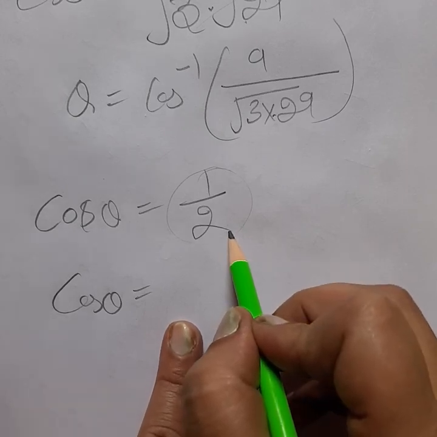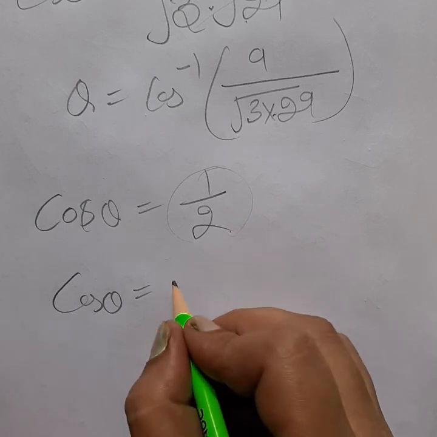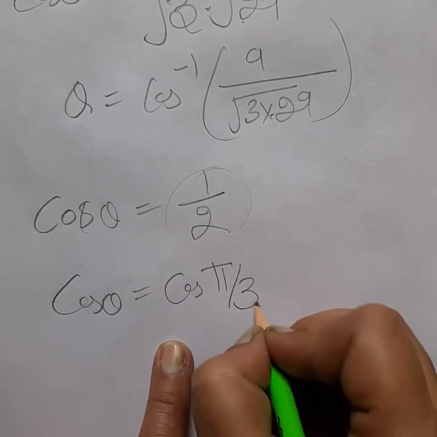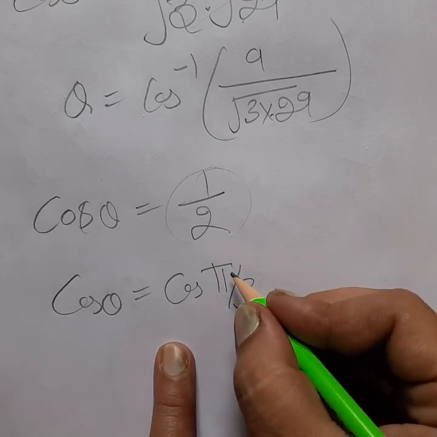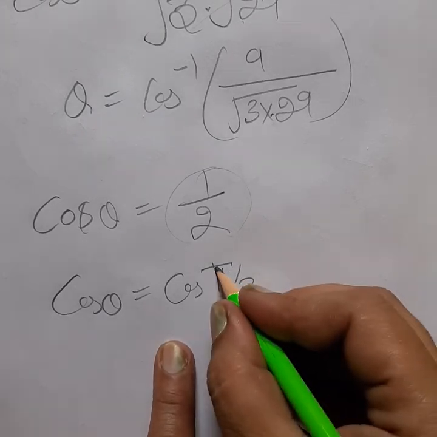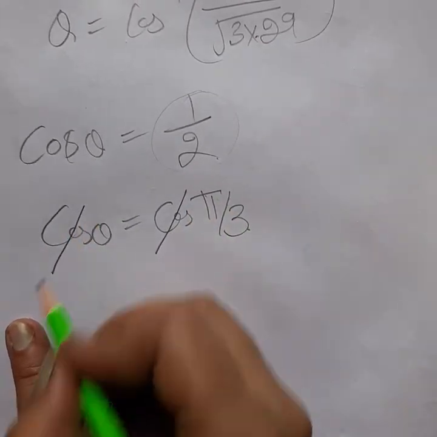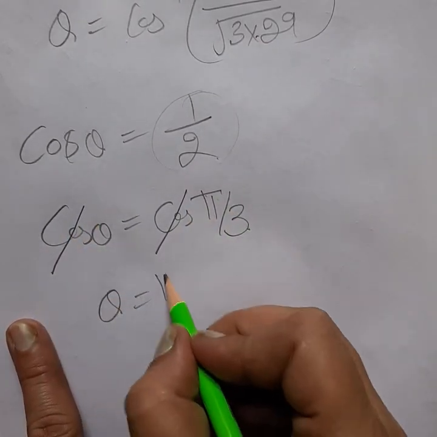I think for 1 by 2 we get cos 60 degrees. We can write pi upon 3, because the value of pi is 180 degrees, and by cancelling it we get 60 degrees. So by cancelling these we get our angle.